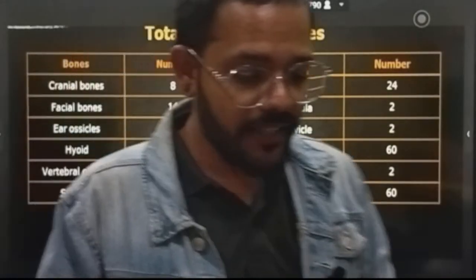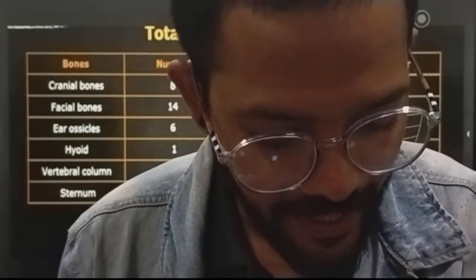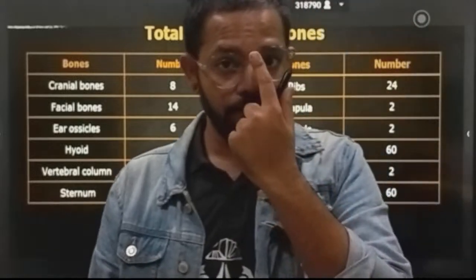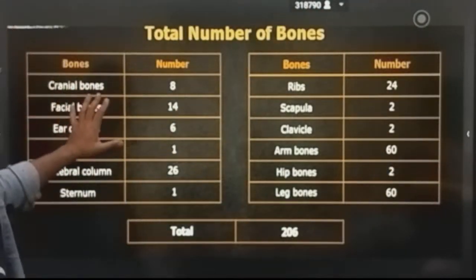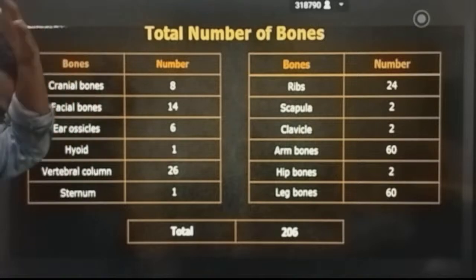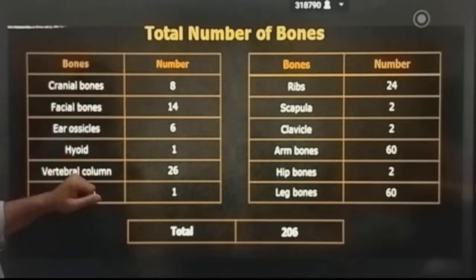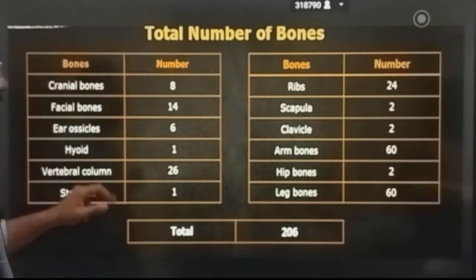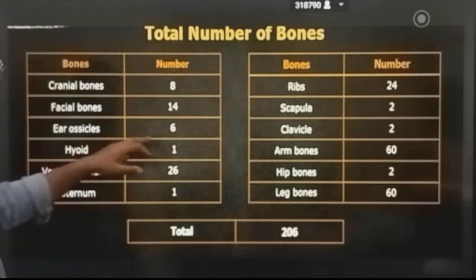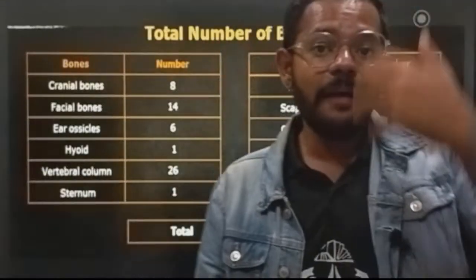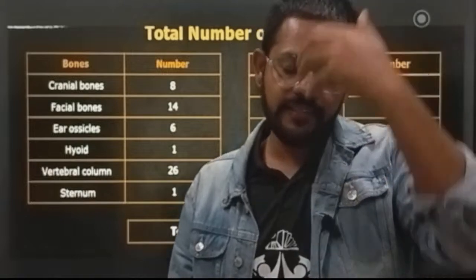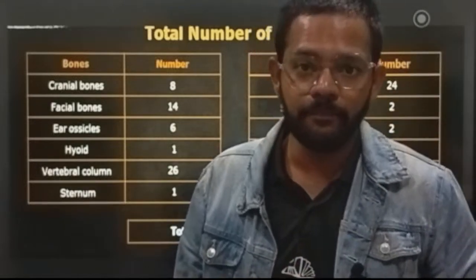Now this is the chart, a flow chart. This is the table in which you can see the number of bones. The bones of your skull: cranial bones 8 in number, 14 facial bones, ear ossicles 6, hyoid 1, vertebral column 26, and sternum. These are the bones of the axial skeleton, 80 in number.